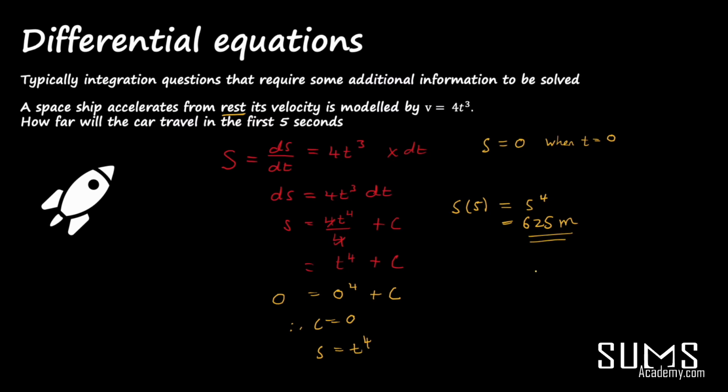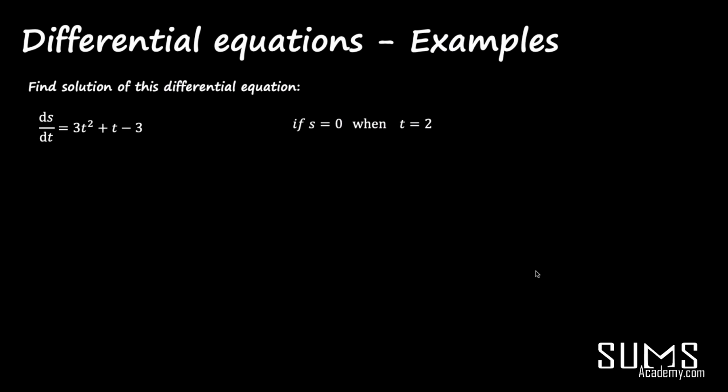What about another example? So here, find the solution to this differential equation. We're saying ds by dt is equal to 3t squared plus t minus 3, and we're told that s is equal to 0 when t is equal to 2. So maybe that will come in handy later. So let's have a look.